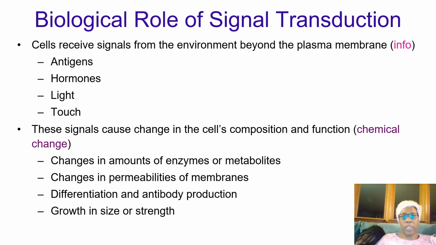So first we receive information outside of the cell. It binds to a receptor on the cell membrane, and then we'll see that receptor makes a conformational change that causes a chemical change inside of the cell.